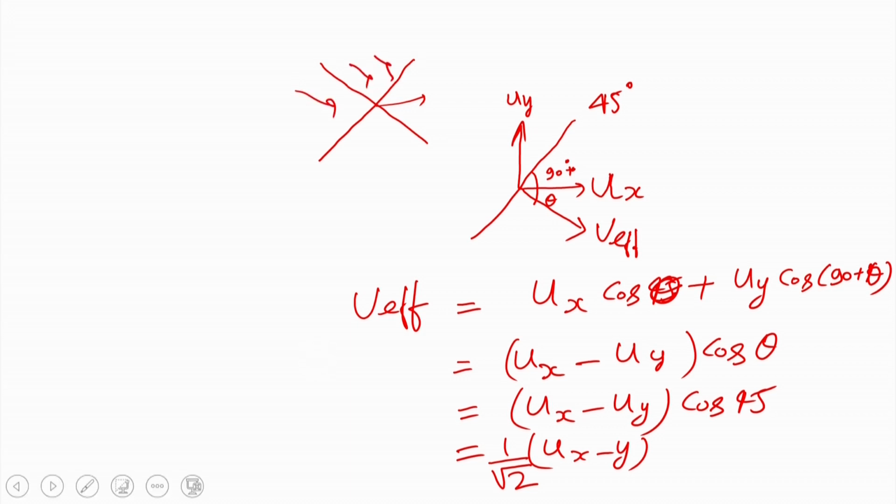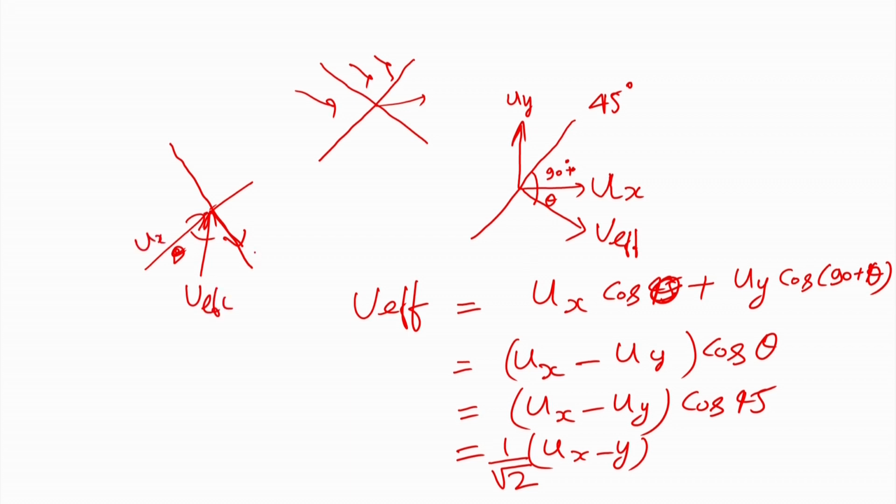Now, if the probe is in the opposite direction, in this way, and the fluid is again coming at it in this direction, what will happen? Again you can do that: this is the fluid direction, this is 45 and this is the other direction. Now, it will be theta. So, this is your u effective, this is your u x, this is your u y.